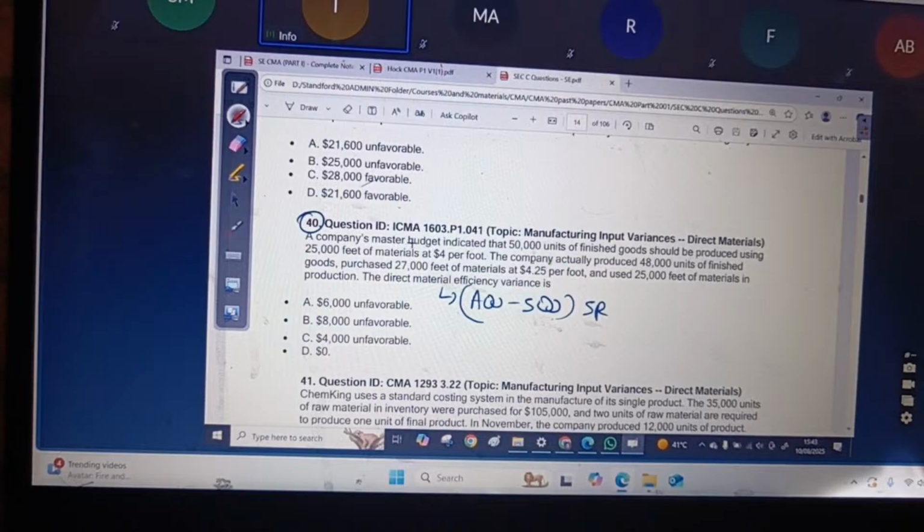Standard quantity of input is 25,000. Actual quantity of input 27,000. Yeah. And multiplied by standard rate, 4. 8,000.